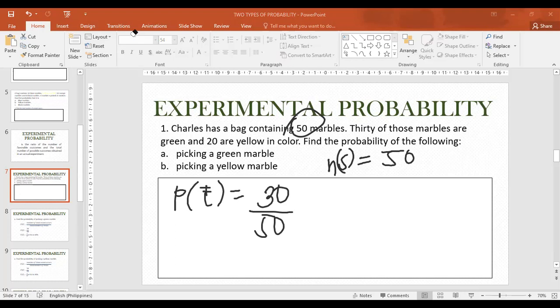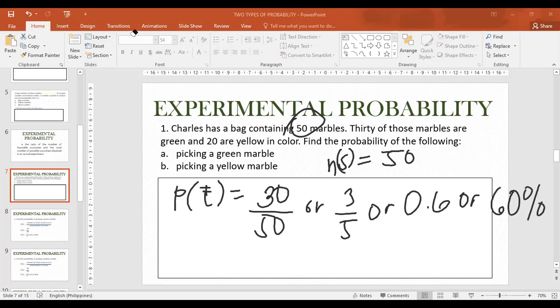Yes, divided by 10. So, we will get 3 over 5. So, kapag kinumpute mo sa calculator, 3 divided by 5, we'll get 0.6 or 60%. Okay. This is the answer. Yun na yun.